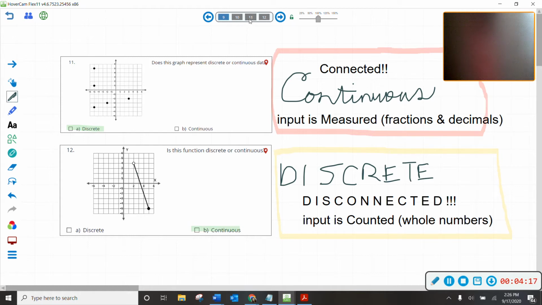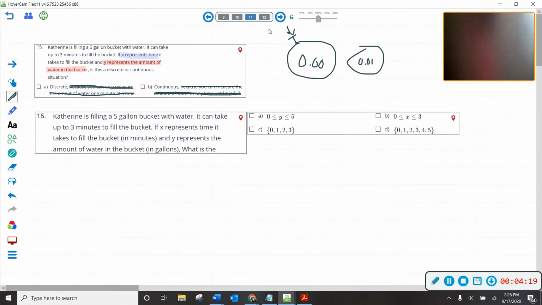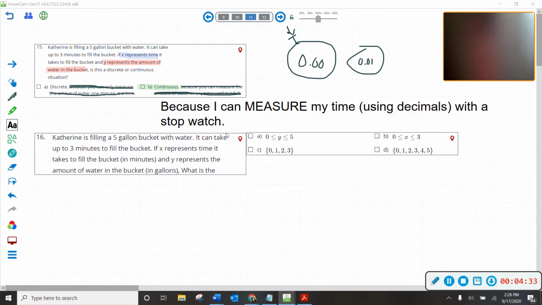Because I can measure my time, it is continuous, and I'll type that in here. Because I can measure my time using decimals, just like we did with a stopwatch. Okay, sorry, I had to move everything down.